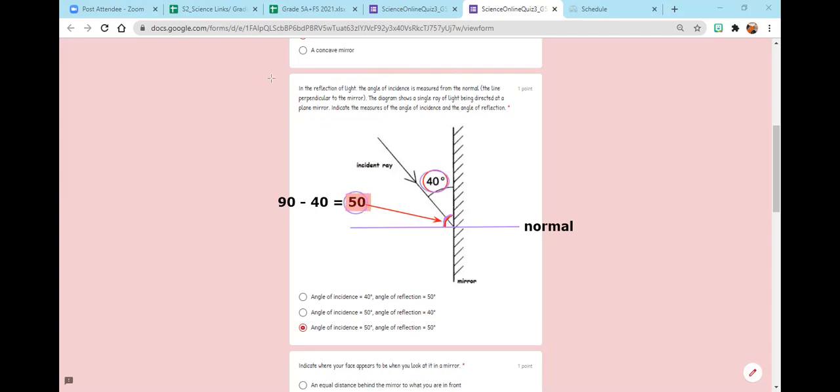This one, Marlon, is the angle of incidence. It's between the incident ray and the normal. Angle of incidence equal 50. The law of reflection says that the angle of incidence must be equal to the angle of reflection. They must be equal to each other.